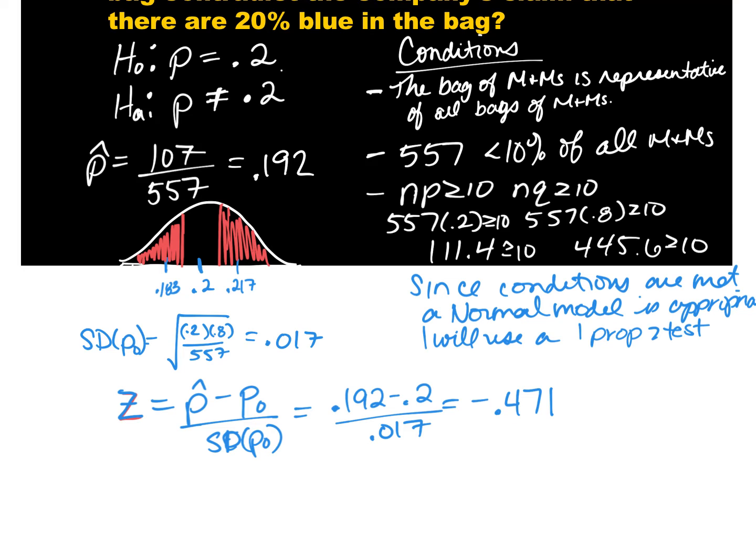This is not different from my other example. I just had already calculated the square root in the denominator here. I already did that right here to draw my model. So instead of putting the square root on the bottom, I just put the number. So this is the square root of p naught q naught over n. Okay. I just calculated it ahead of time, so I'm not going to recalculate it.